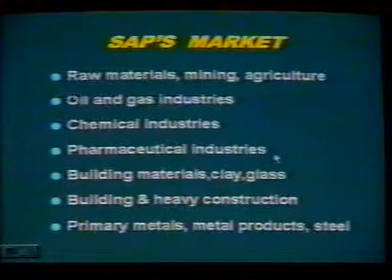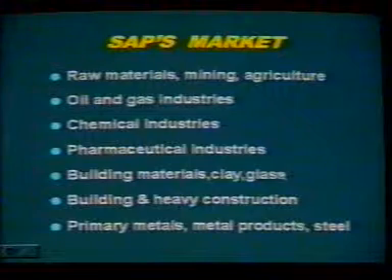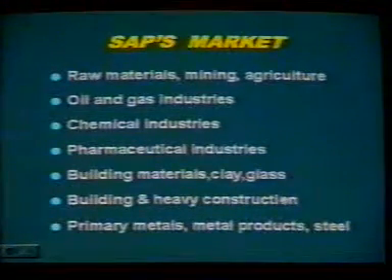Some of the examples which this company handles are raw materials, mining, agriculture, oil and gas industries, chemical industries, pharmaceutical industries, building materials, clay, glass industries, building and heavy construction equipment, earth movers, and so on.